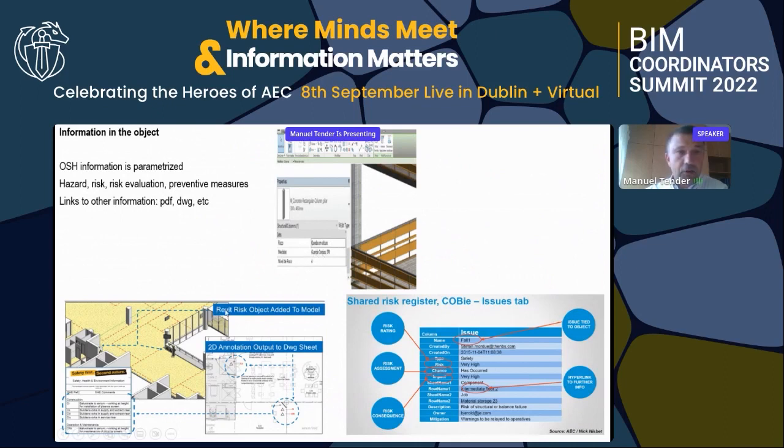But I can also link this information to other documents, to PDFs, to health and safety plans, health and safety files, to DWG, or other ways. I also can register this information through COBie sheets. It's one of the ways and very important for facility management.